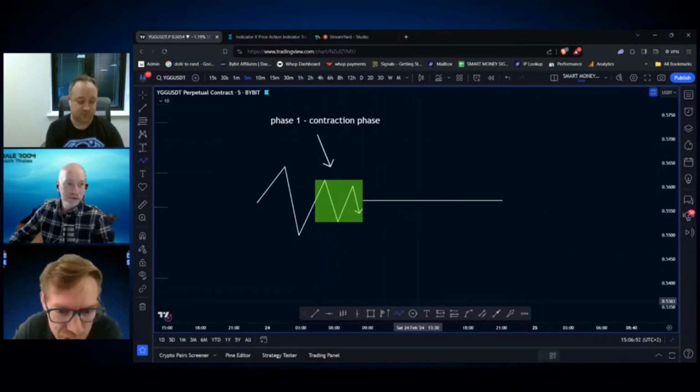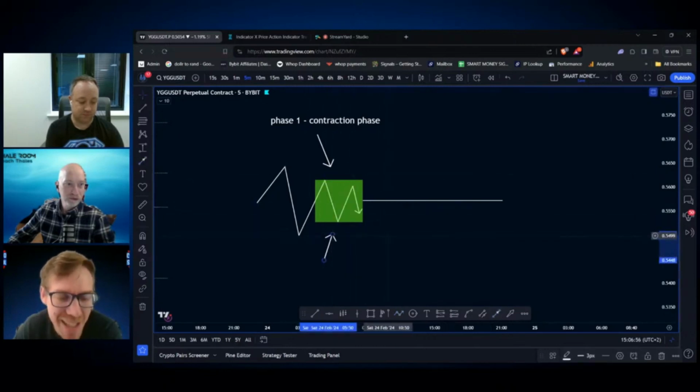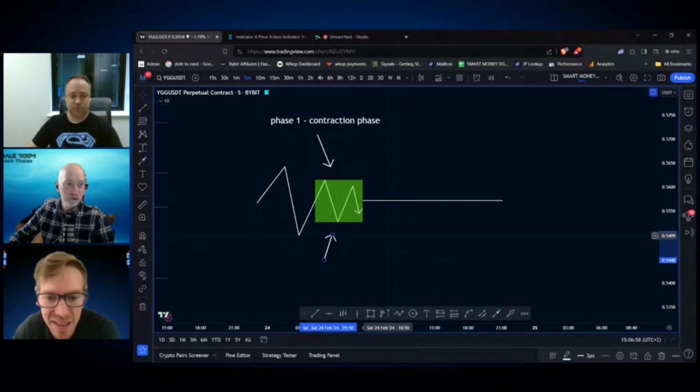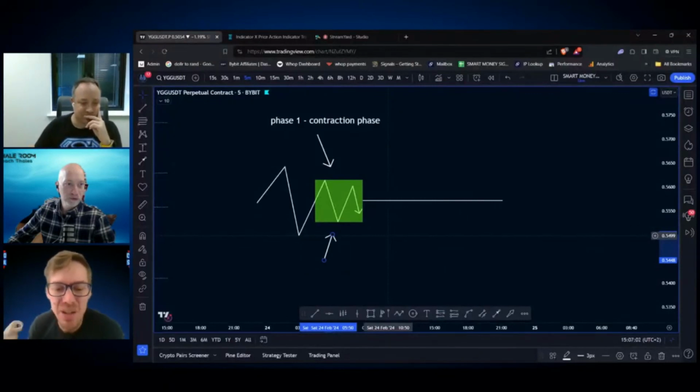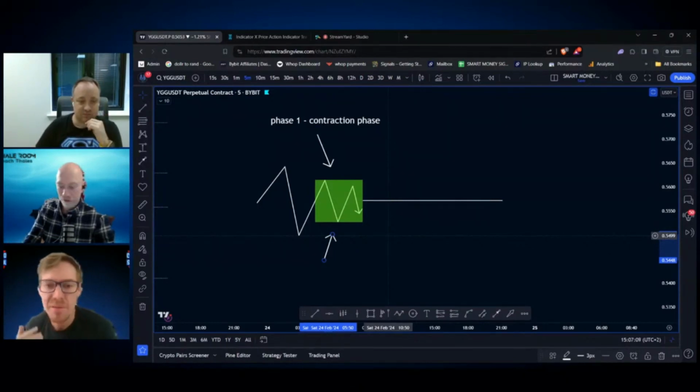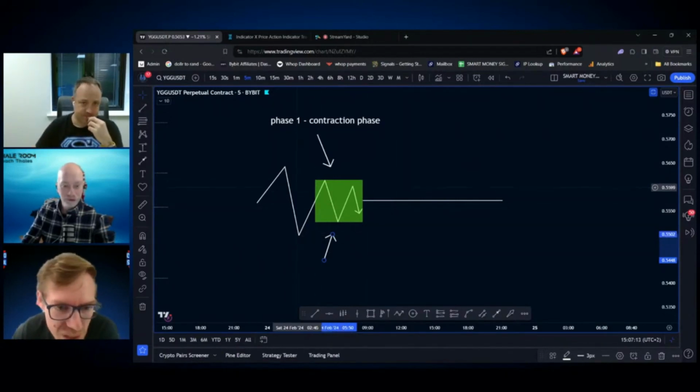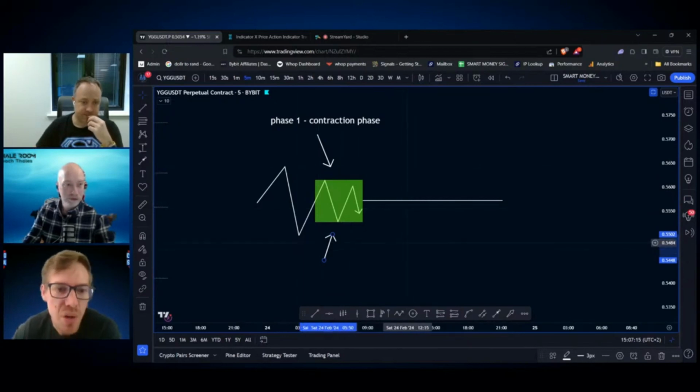Once we're in the first phase, guys, this is so important to realize. Once we're in the first phase, this box here is a leading indicator. These Easy Algo indicators are leading indicators, which means they tell you the future. They let you know what's going to happen before it's going to happen. That is why price action indicators are so incredible to trade with. So once we see it go into contraction, we know it's the first phase, and then we know what's going to happen next.